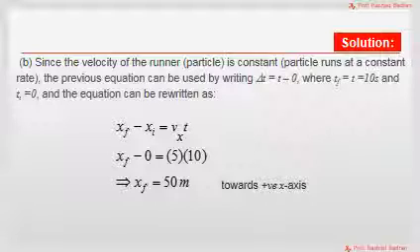We can apply the formula of the average velocity, which says delta x over delta t, or delta x equals vx multiplied by t, where t initial is considered as 0. By substituting the values in this equation, you get the total distance from the starting point as 50 meters, directed along the x-axis.